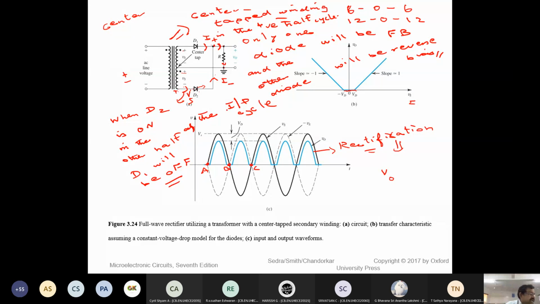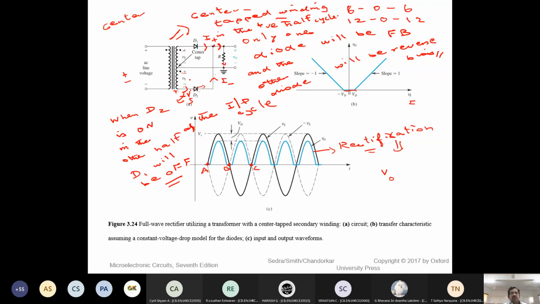So if you understand here, it will be minus Vs because we are looking at the reverse bias. When this is positive, this will be negative. But we are now considering only one half of the cycle.